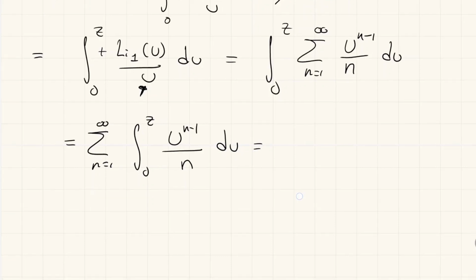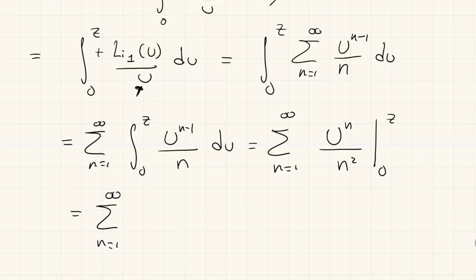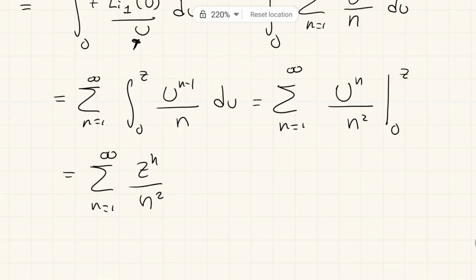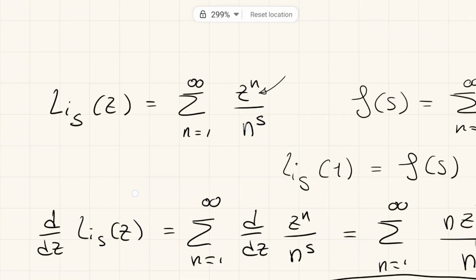And taking the integral, this is going to be the sum from n equals 1 to infinity of u^n over n times n, but this is going to be n squared, from 0 to z, equal to the sum from n equals 1 to infinity of z^n over n squared. And you can easily notice that this matches the original definition of the Dilogarithm based on the main formula that we showed at the beginning, this one.